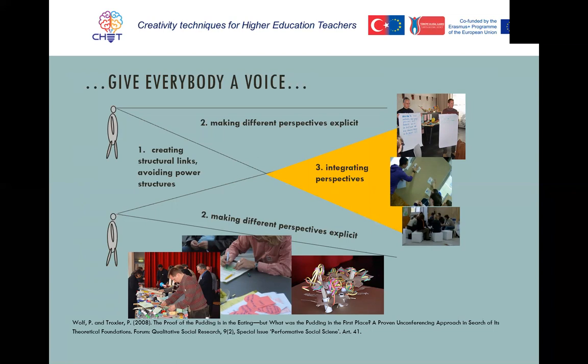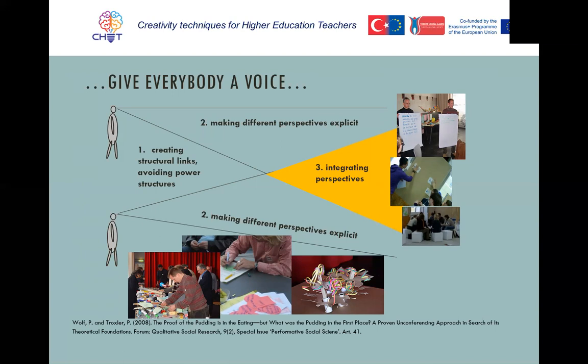What you should do if you are planning a creative process is first, and you see it on the left hand, bring people together. That is in technical language called create structural links. You bring people from different parts together in one room. What you should also try is to avoid power structures. So don't put the employees together with their bosses.